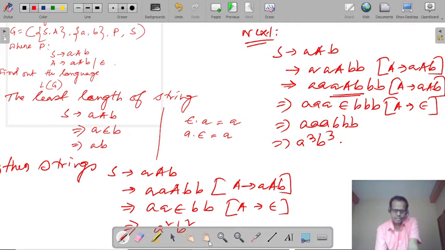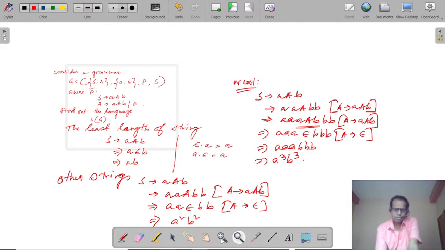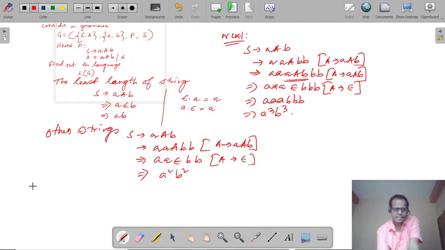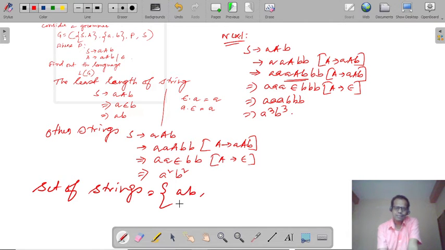So in this case, the set of strings which can possibly be generated from this grammar is: ab is the least length string, next is a squared b squared, next is a cubed b cubed, and so on.